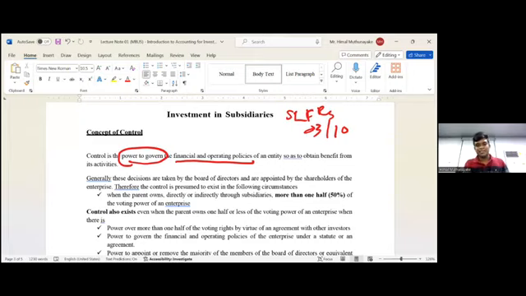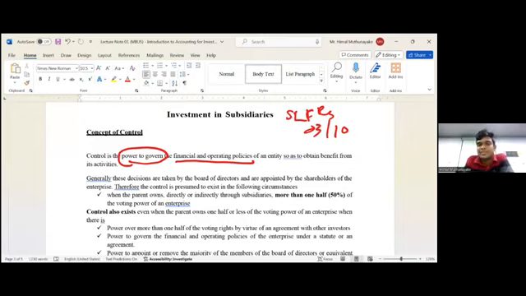Control is presumed to exist in the following circumstances. It is very important to remember this. When the parent owns, directly or indirectly through a subsidiary, more than one half of the voting power of an enterprise.